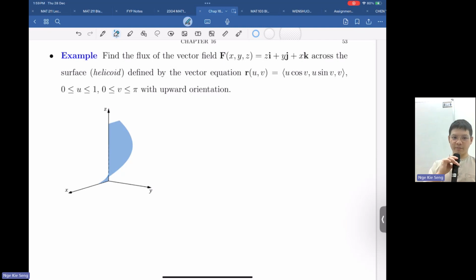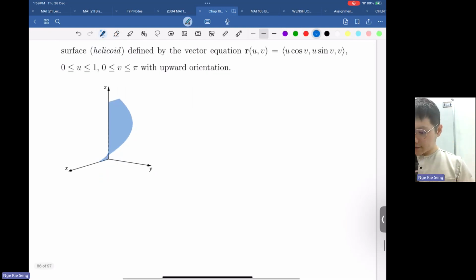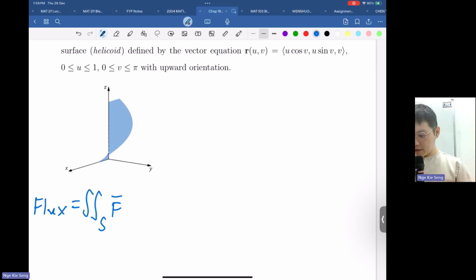So what do you need to do here? What is flux? Flux is equal to the integral of F dot dS. And what does this become?